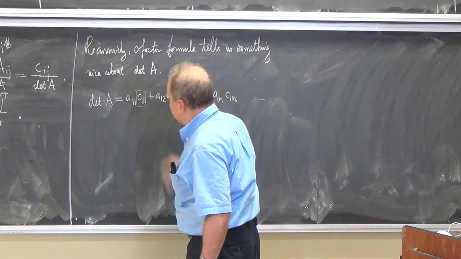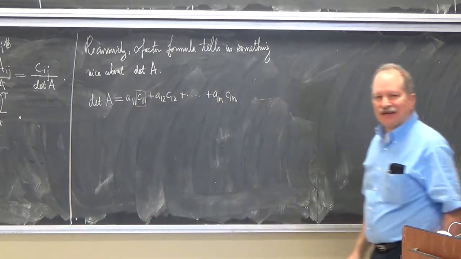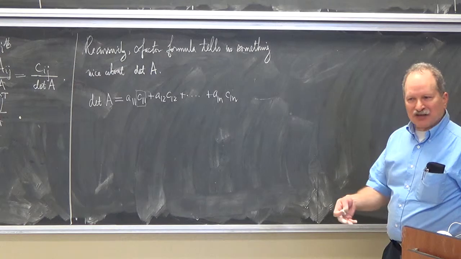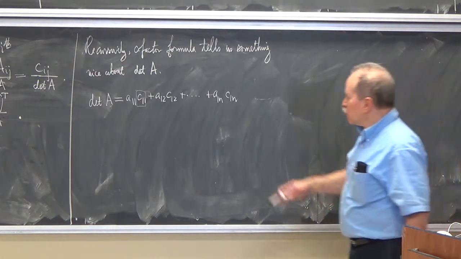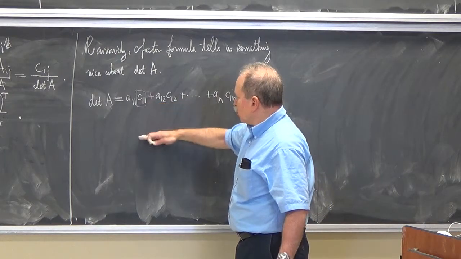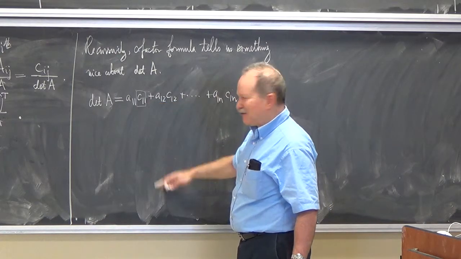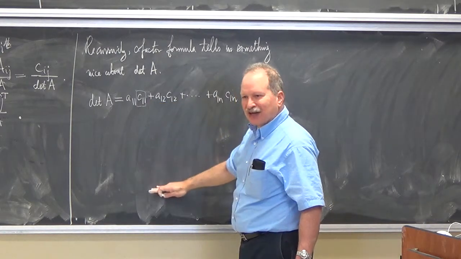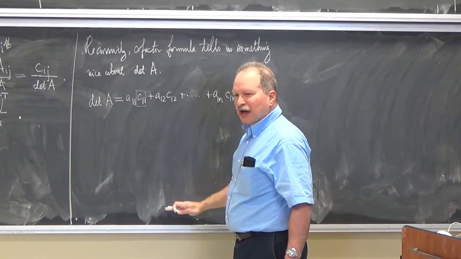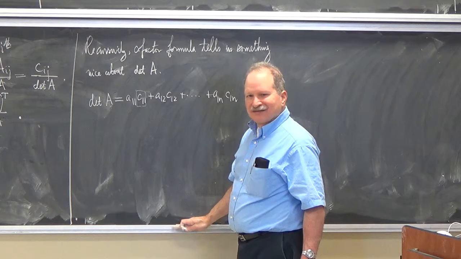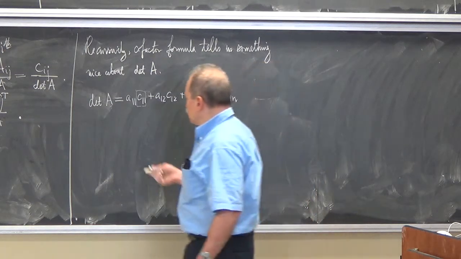Now, each of these things is itself a determinant of a smaller matrix. So you can imagine recursively working your way all the way down. If you keep doing this over and over again, you eventually get down to computing 2x2s or 1x1s.